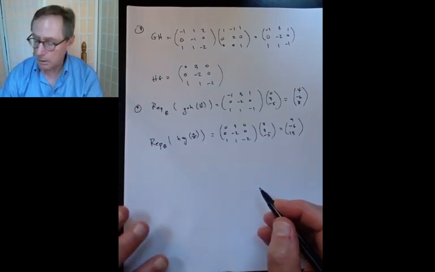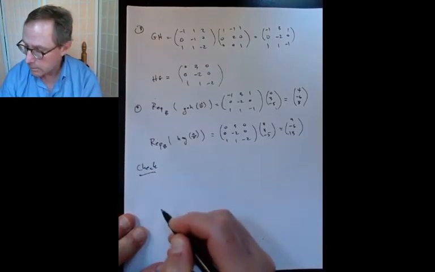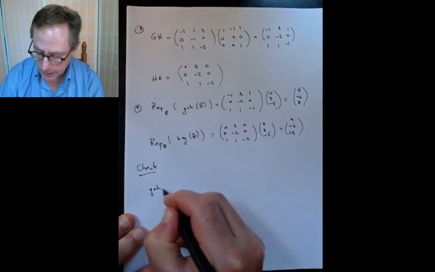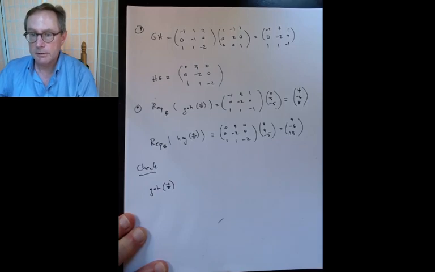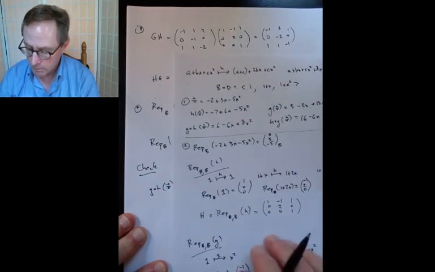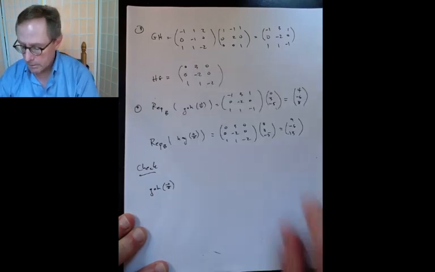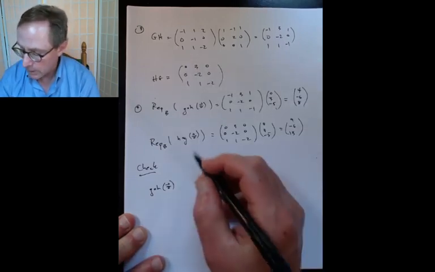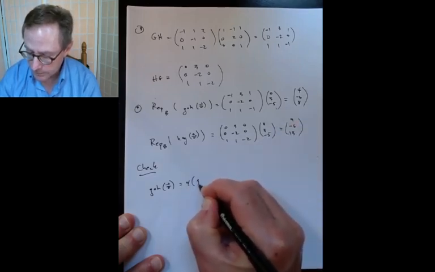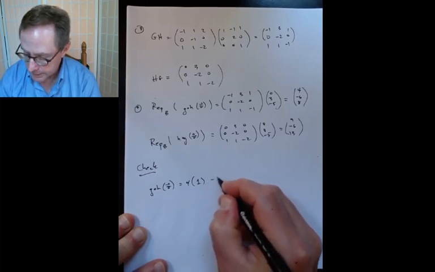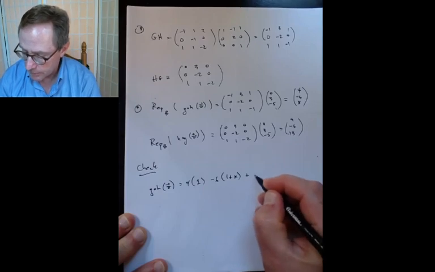Okay, and now I'm going to verify, so check. G circle H of V. Do you remember what G circle H of V is supposed to come out to be? 6 minus 6x plus 8x squared. So to see that it comes out to be what I want it to be, it's supposed to be 4 by the first basis vector, minus 6 by the second basis vector, plus 8 by the third basis vector.